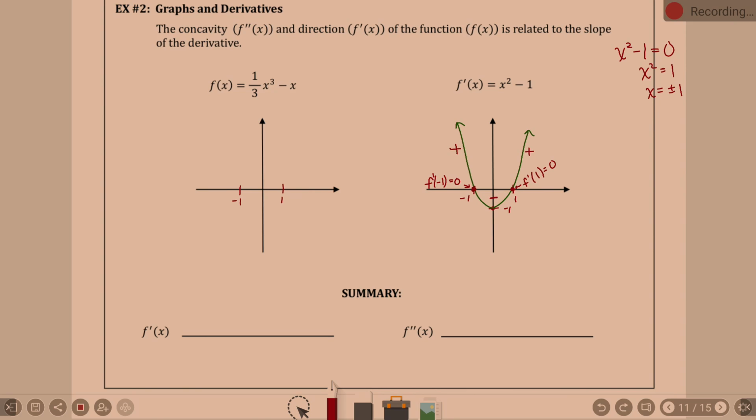Are you with me? Okay. Now, what did we know from the previous problem? Concave down, concave up, and 0 was an inflection point.